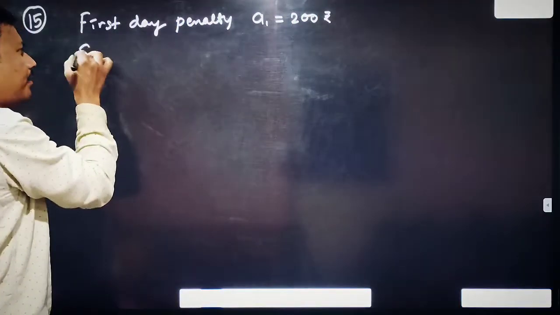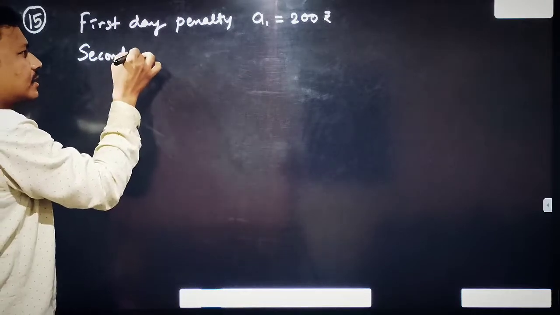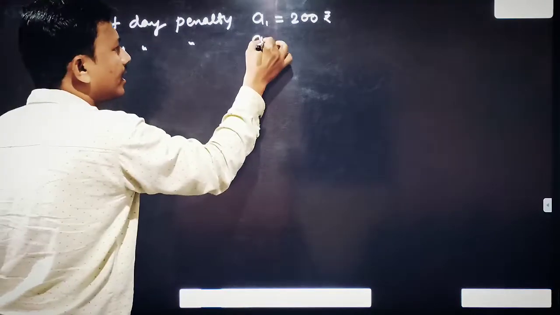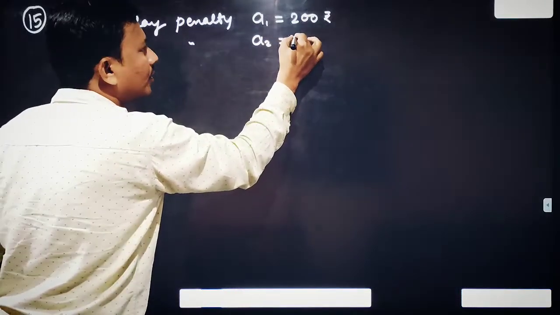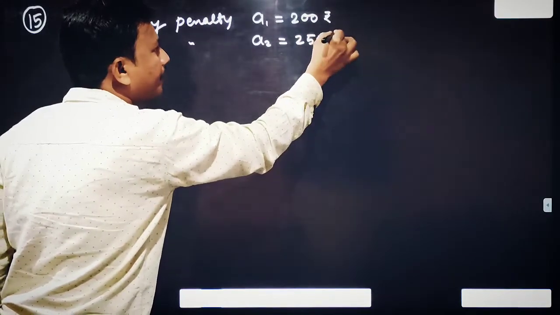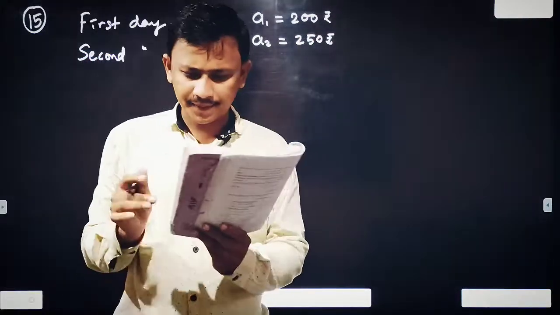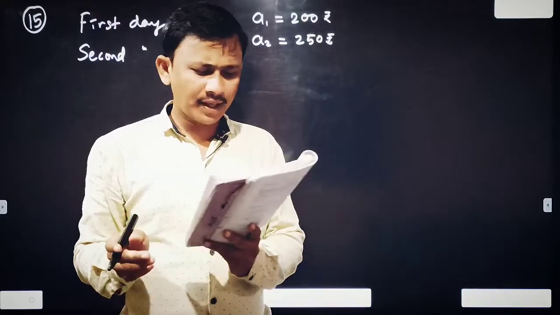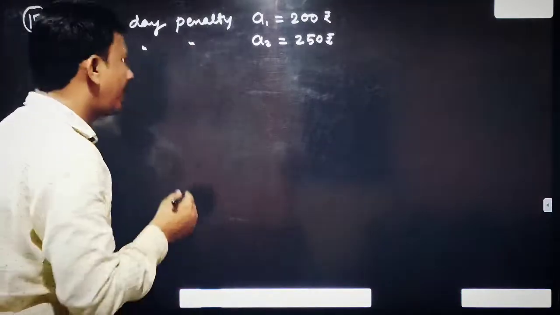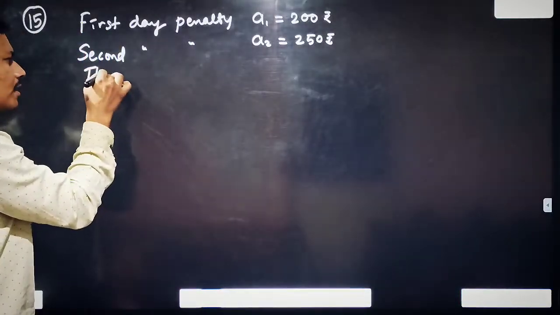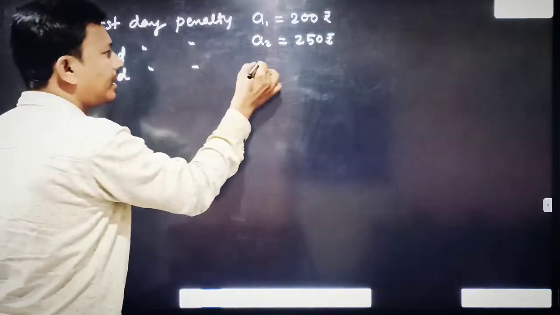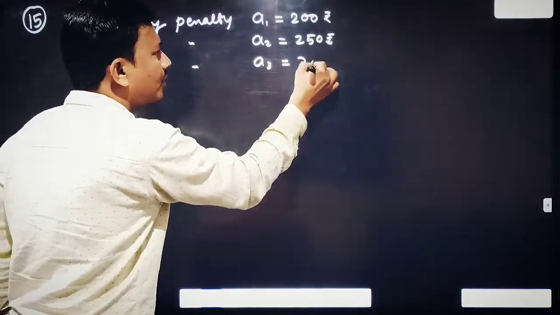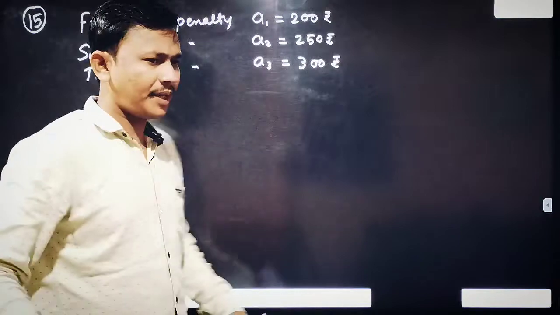What is the second day penalty? 250. Second day penalty A2 is equal to 250 rupees. Next, and the third day penalty is 300 rupees. Third day penalty A3 is equal to 300 rupees.